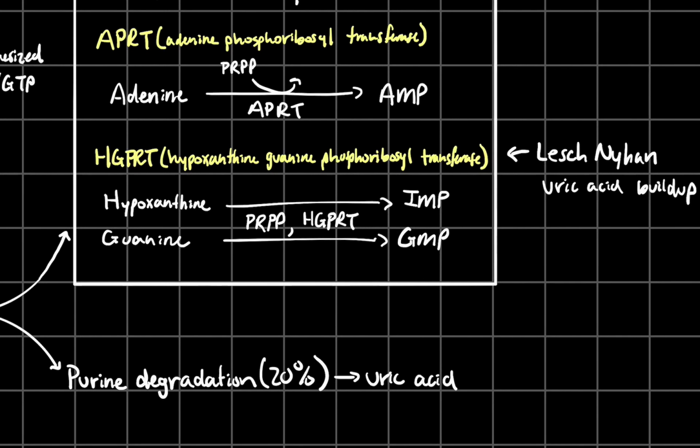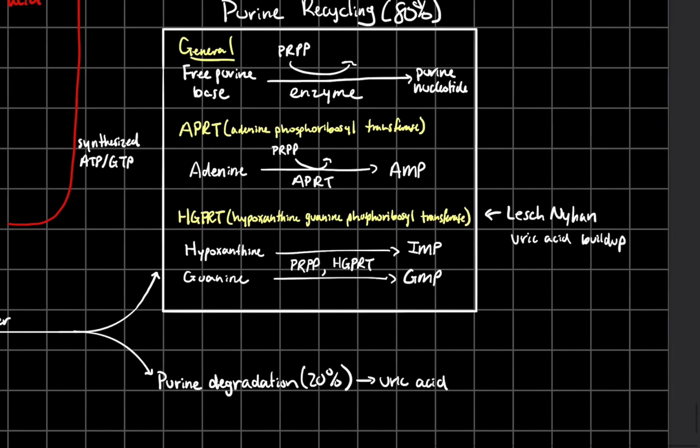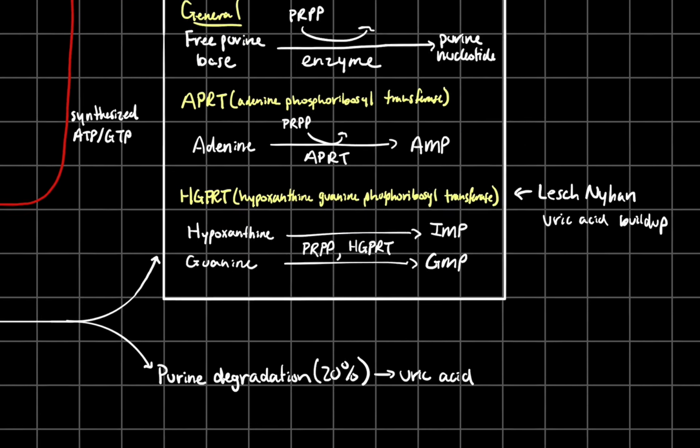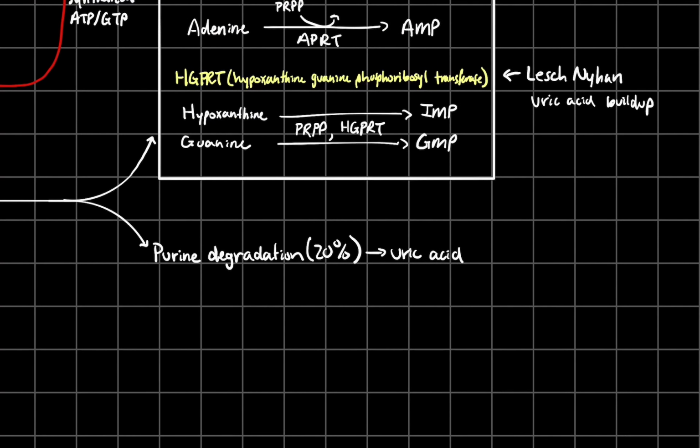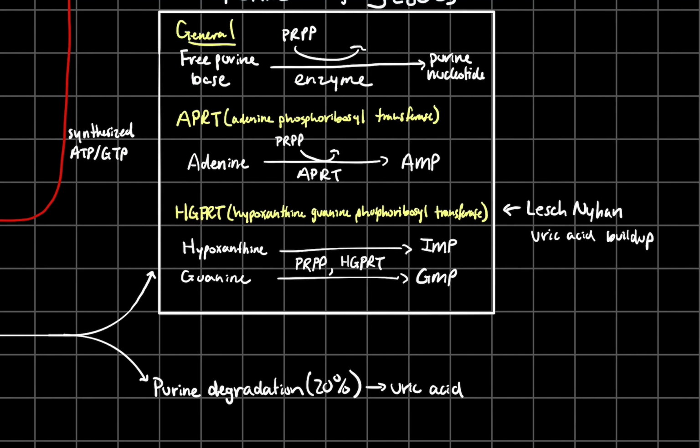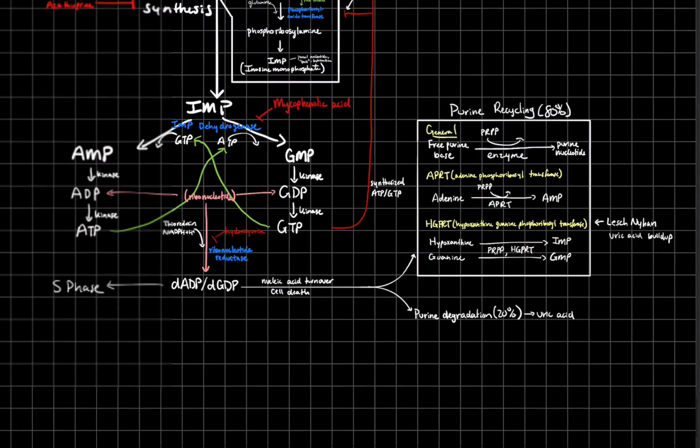And eventually, if it can't be recycled, it's going to be degraded. So then eventually you're going to end up with a ton of uric acid in your body, and this is going to be very toxic, especially in your brain. So typically, these patients have many different symptoms, including self-mutilation as well as intellectual impairment.